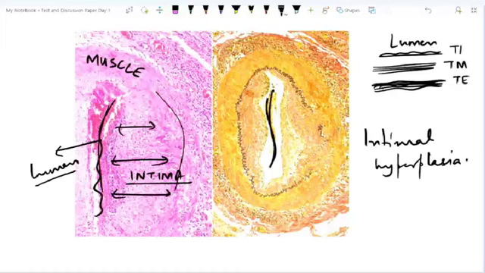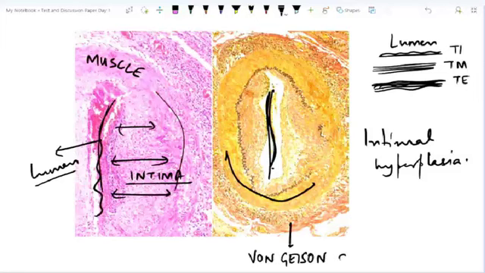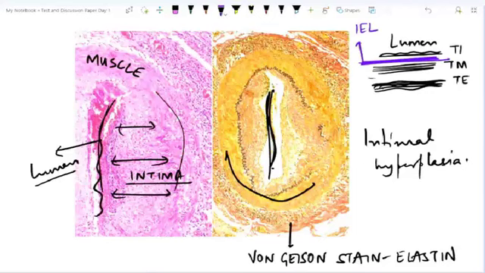Same thing here. This is the lumen and this is the muscle layer, and in between the stain is von Giesen stain, which is used for elastin, and here between intima and media we have a layer called internal elastic lamina, and between media and externa we have external elastic lamina.